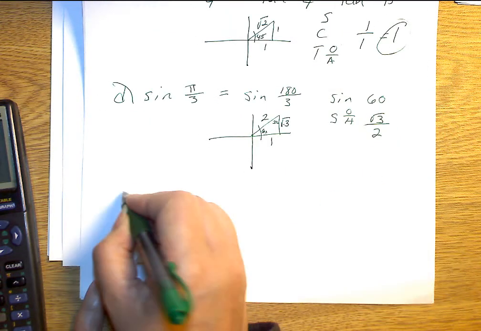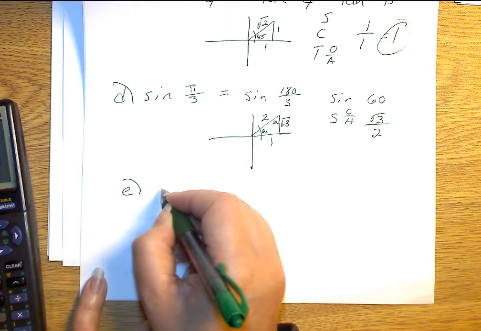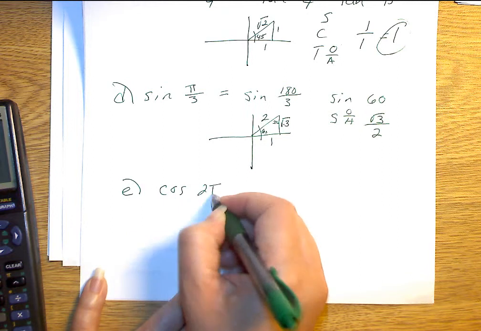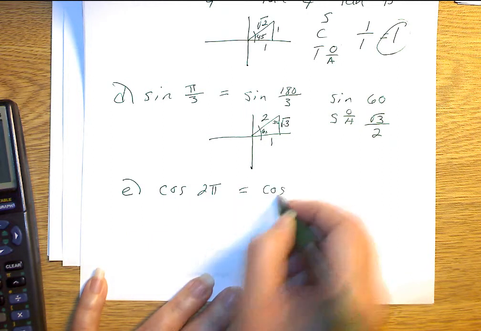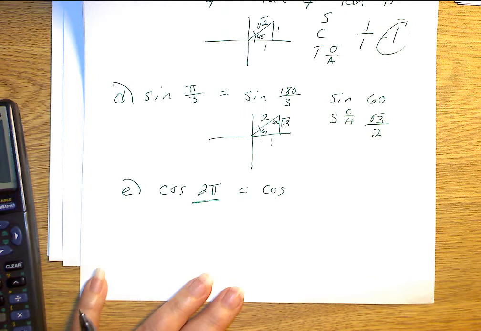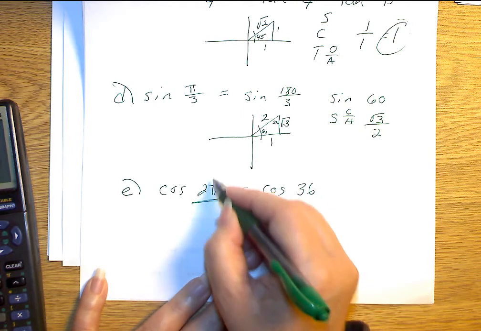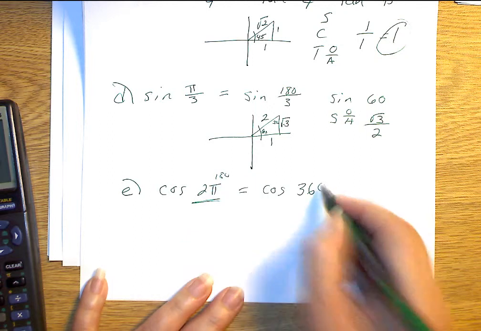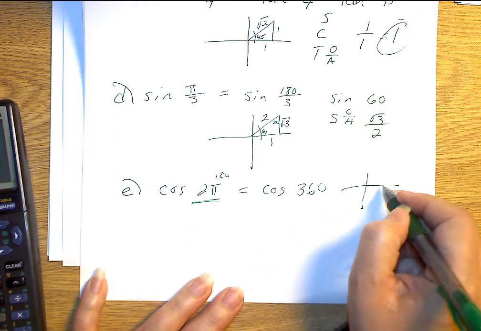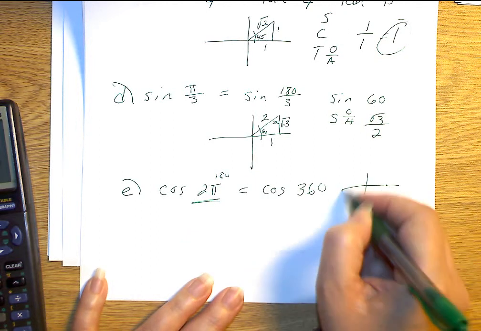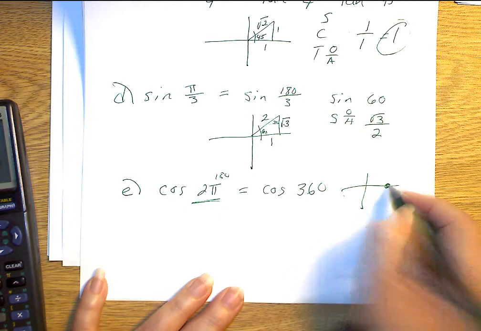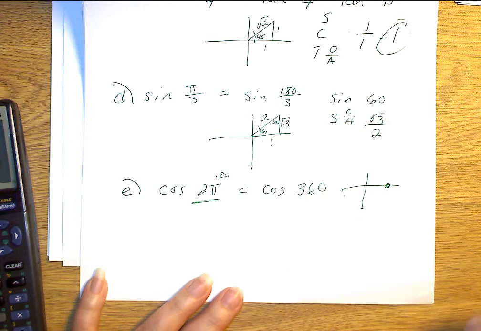E is cosine of 2 pi. So what does this equal? Yep, 360, because it's 2 times my 180, which is 360. Since it's here and it goes all the way back around, it falls on my unit circle.